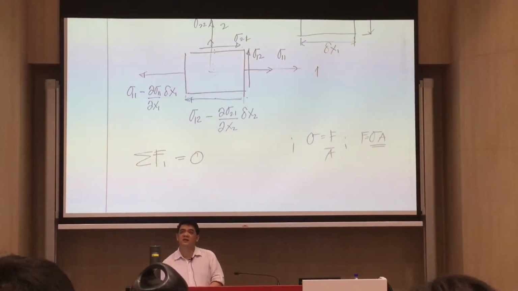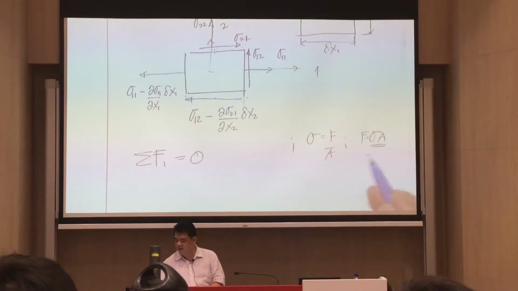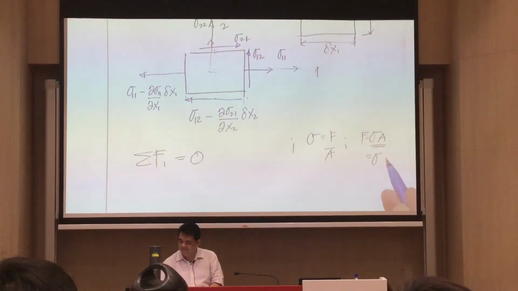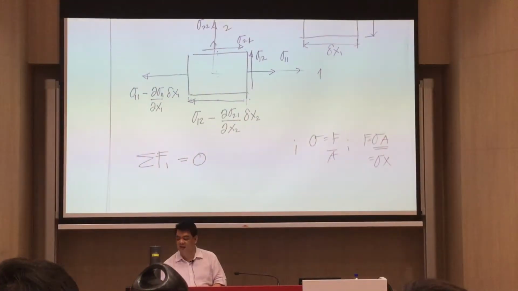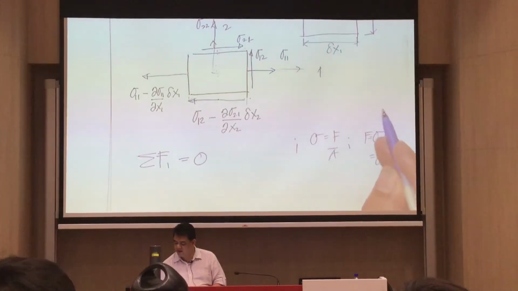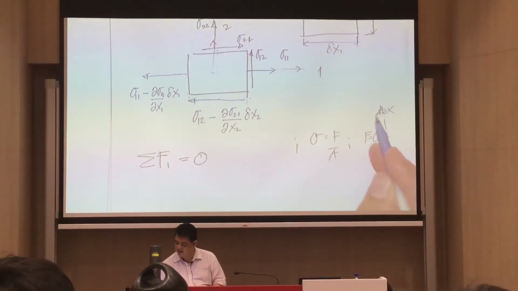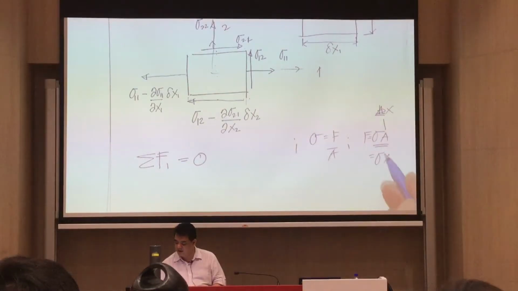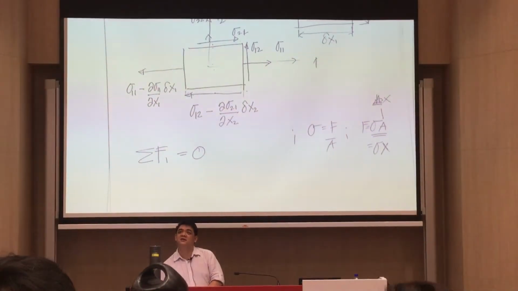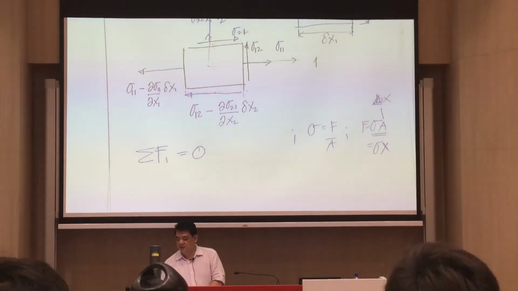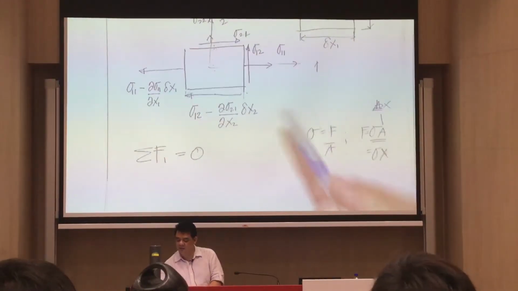But since it's only 2D, we can simply analyze this one as stress multiplied by that distance, say B multiplied by x, so that one side is B. The reason, of course, is we cannot compute the full area, we just have one side here.